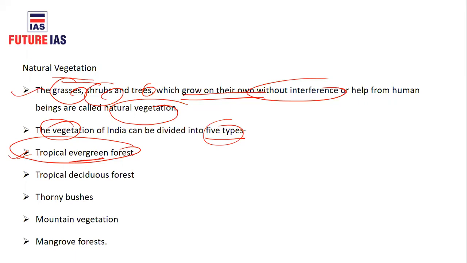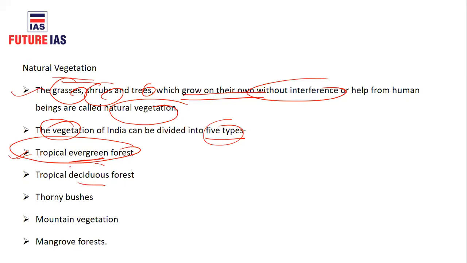So the forest looks evergreen because there is no precise time for shedding the leaves. That is why we call them evergreen forest. The forest looks green in almost every part of the year, and if that forest is located in the tropical region, it is known as tropical evergreen forest.